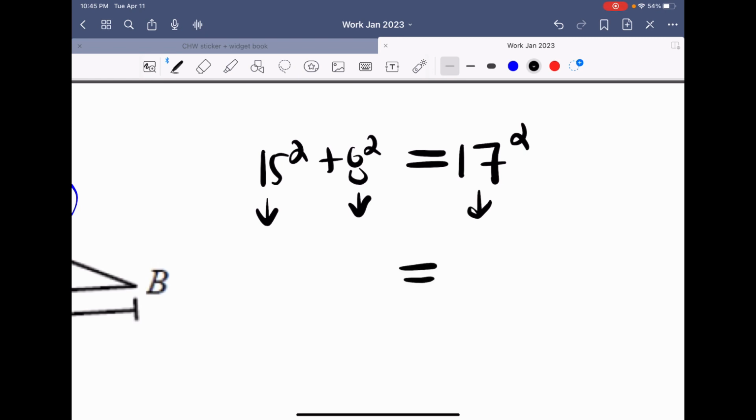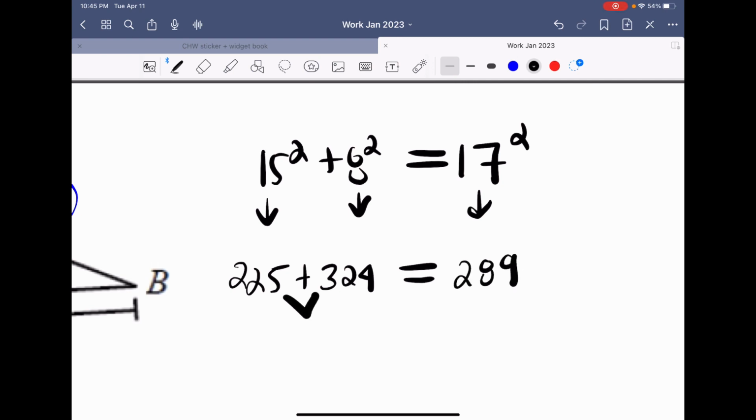Okay, so 15 times 15, 225. 18 times 18. All right, I need to take out my Desmos calculator. We get 324. And then 17 squared is 289.